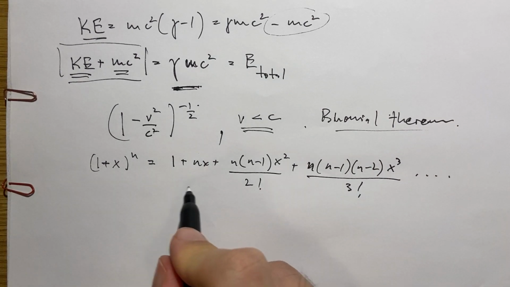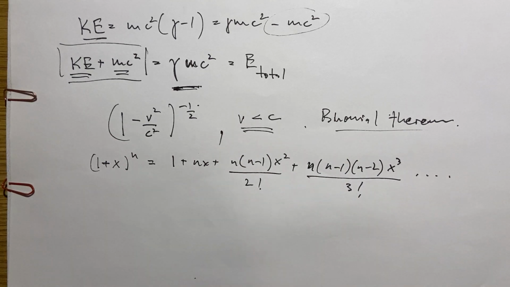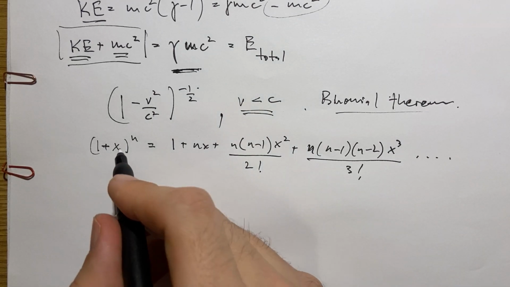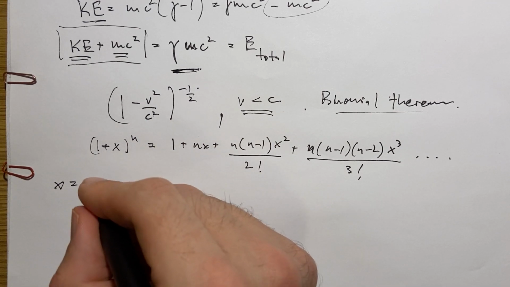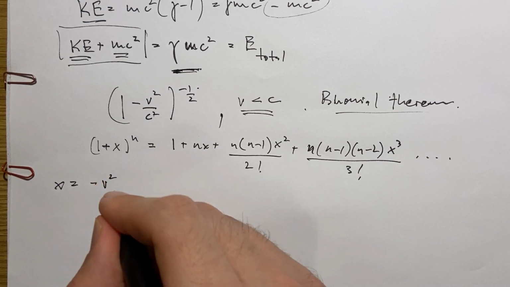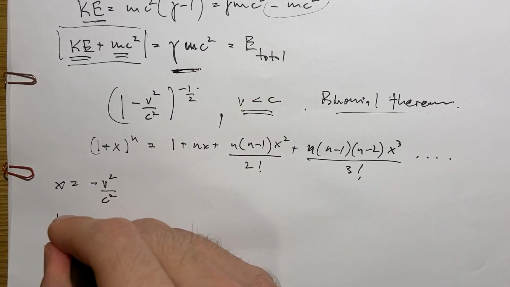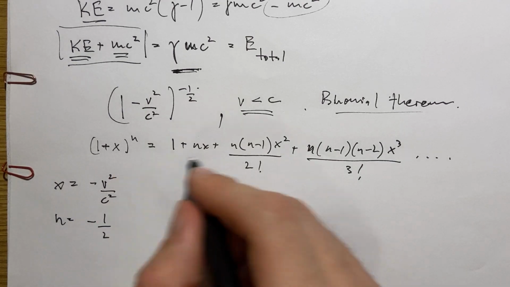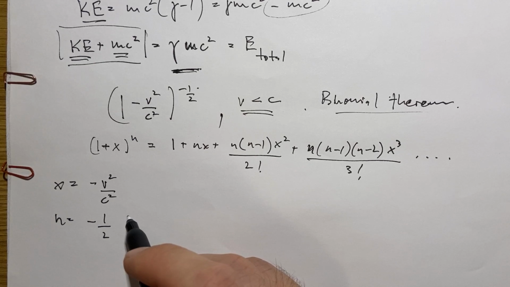Let's just start off with the first three terms here, see what we're going to get if we expand the Lorentz vector here. So in this case, the x will be minus v squared over c squared, right? Yeah. And then the n for the Lorentz function will be minus a half. So let's use this algorithm then to try and expand the Lorentz vector.